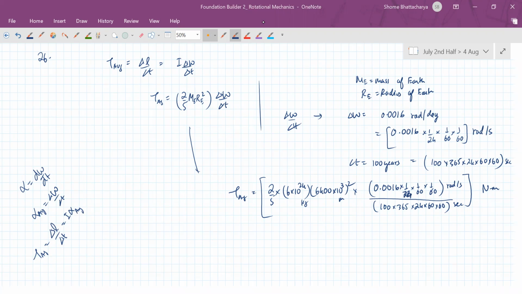Yes, sir. Okay. And sir, can you explain 34? Okay, we'll go through 34 next. Sir, so if average torque is asked, then we will use only this formula.